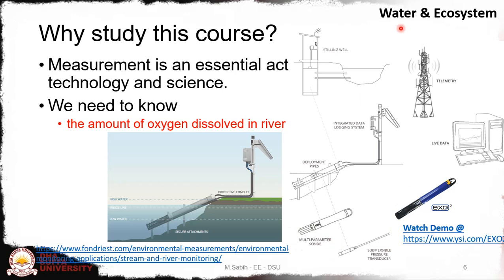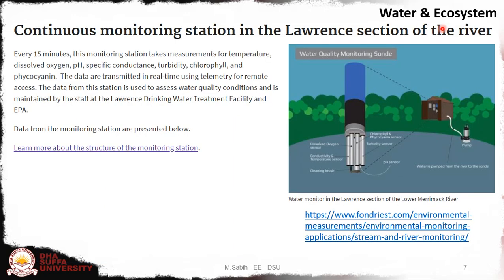This is a good application in water and ecosystems. You see, this is live monitoring of a river section, in which every 15 minutes this monitoring station takes measurements of temperature, dissolved oxygen, pH, and other variables, and the data is transmitted in real time using telemetry for remote access.